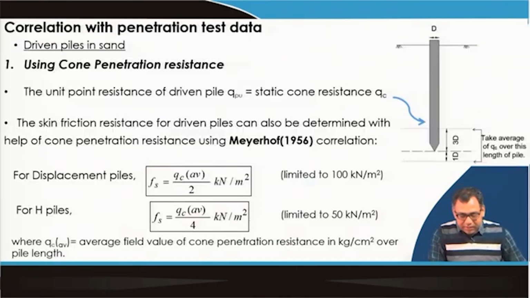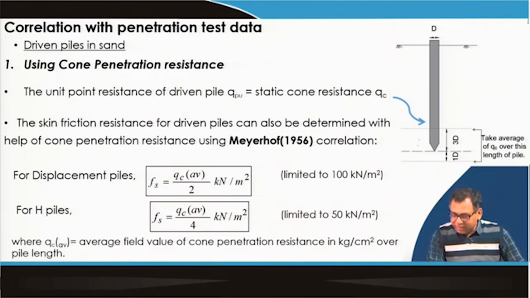Then we can determine the load carrying capacity of the pile by using the penetration test data, that means by using cone penetration resistance. By cone penetration resistance, if we take the average of 1D below the pile tip and 3D above the pile tip, total 4D, where D is the diameter of the pile, the zone average QC, that means the cone resistance, will give us the tip resistance of the driven pile.